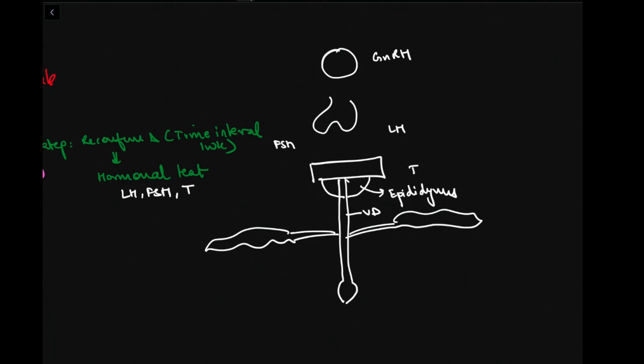Correction, the ejaculatory duct is formed by the union of the seminal vesicle duct with the vas deferens. Finally, the seminal vesicle contributes to the volume and fructose content of the semen.